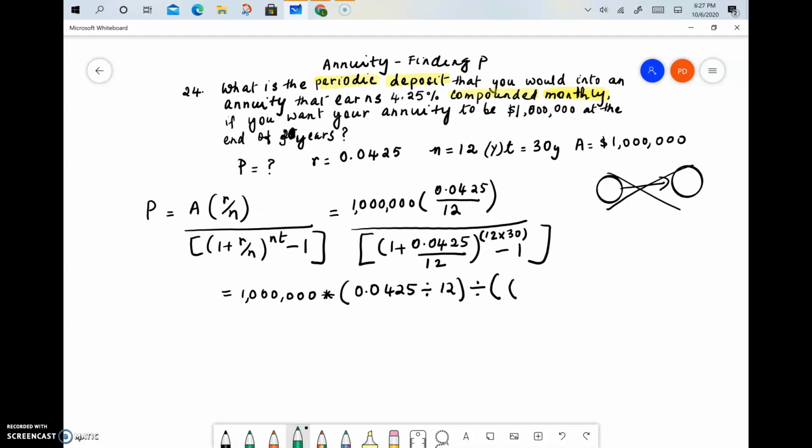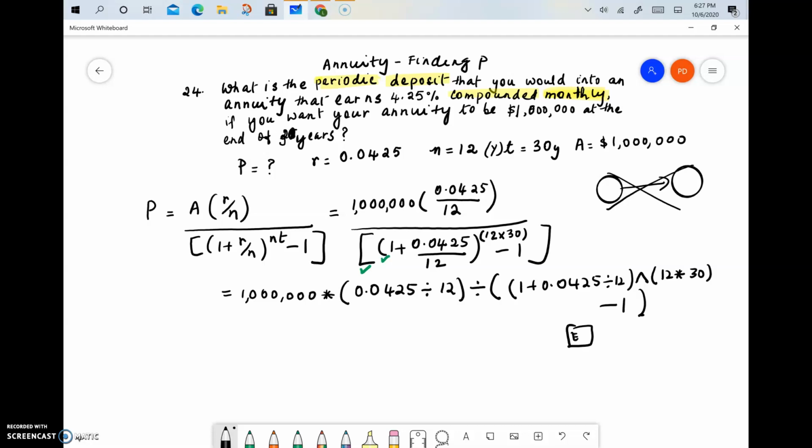So we have two of these. The first one is this, the second one is this. 1 plus 0.0425 divided by 12, to the, open parentheses, 12 times 30, minus 1, close parentheses.